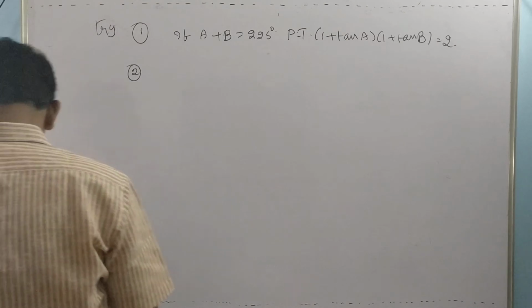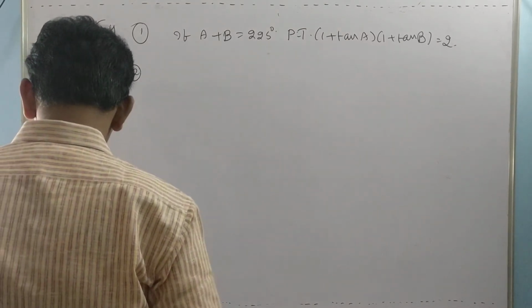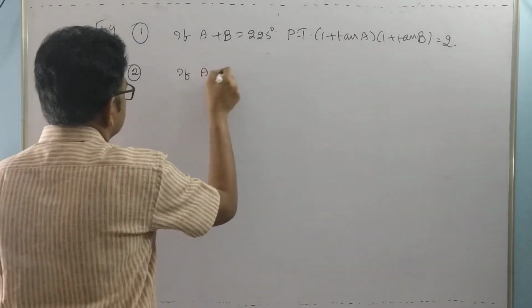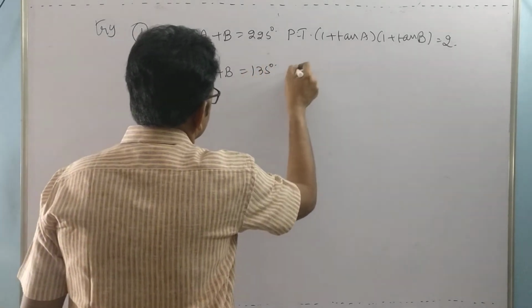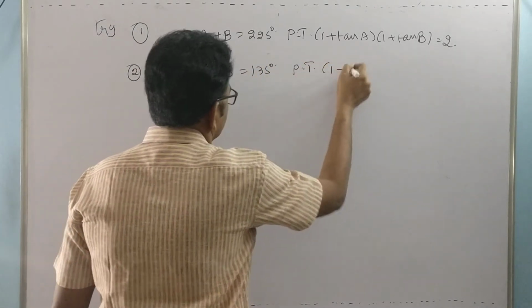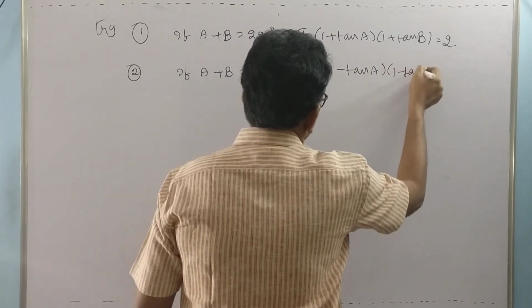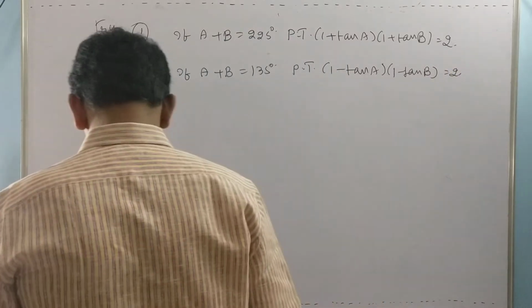Second one, if A plus B is equal to 135 degrees, then prove that 1 minus tan A into 1 minus tan B is equal to 2.